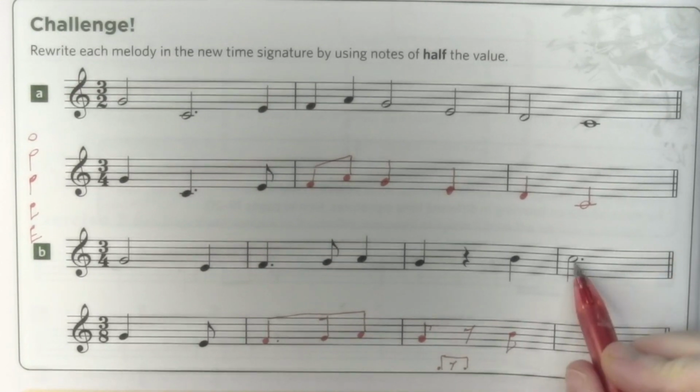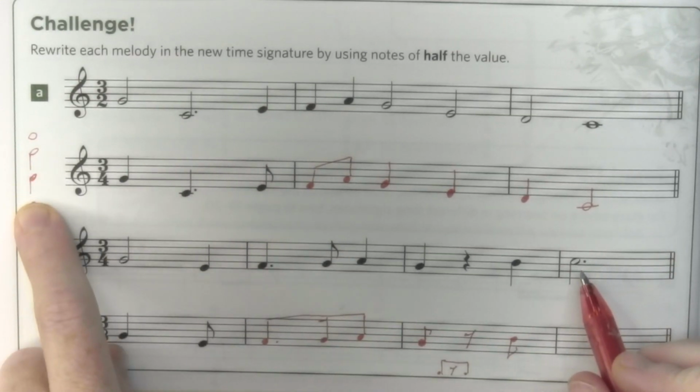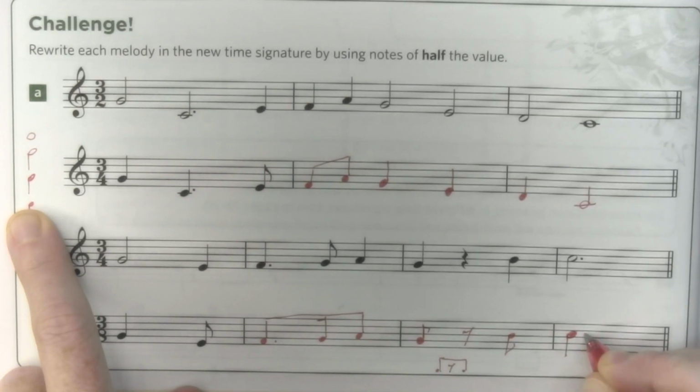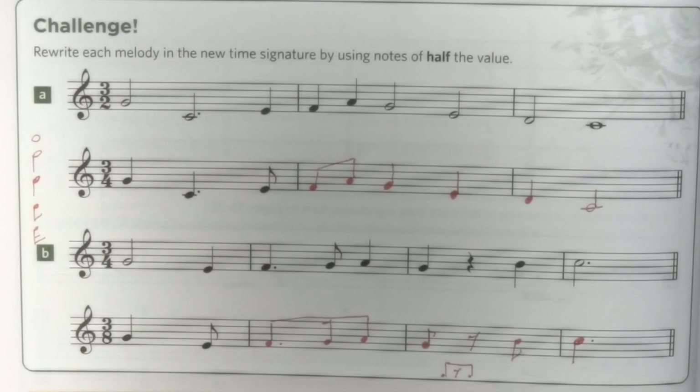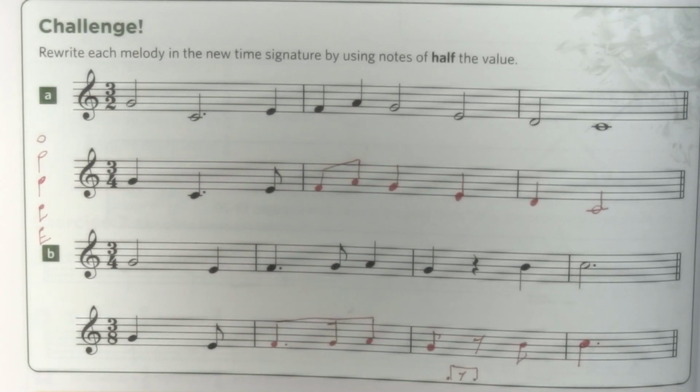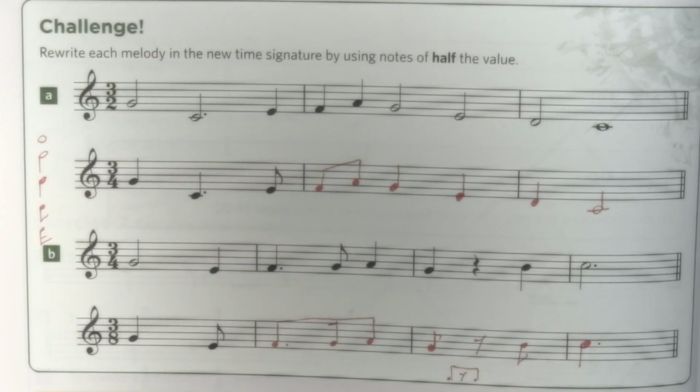So it's the same. A dotted minim becomes a dotted crotchet. Here it is. Sorted, finished. With this challenge, we finished the second chapter of this Grade 2 Discover Music Theory book.